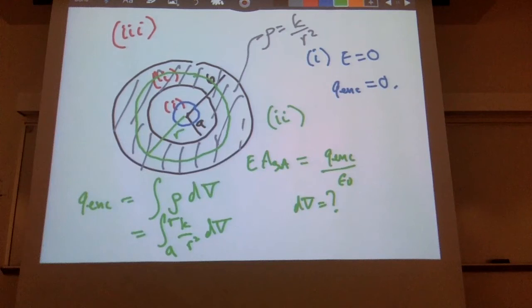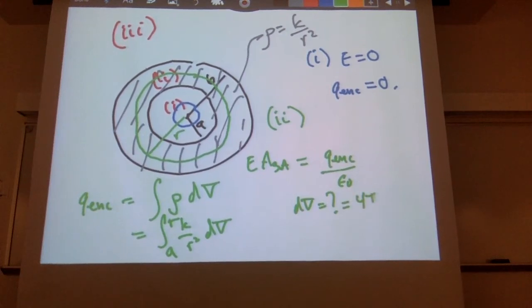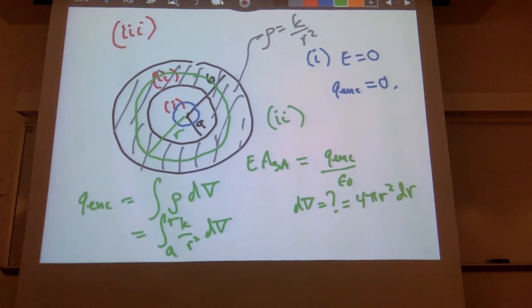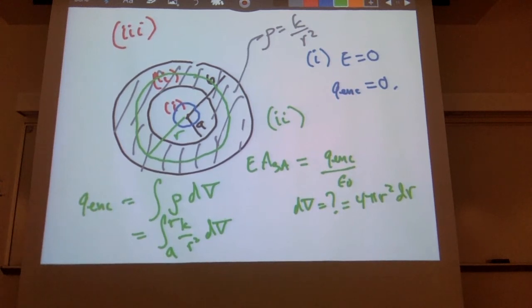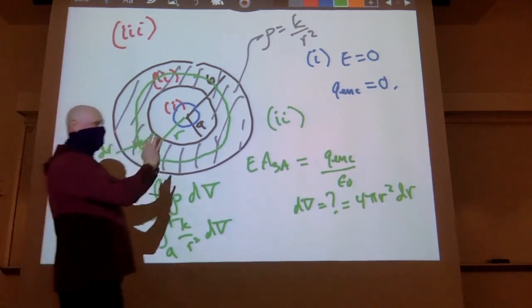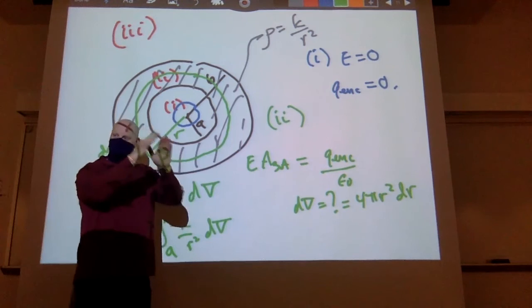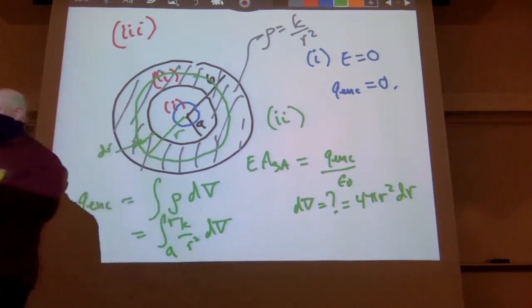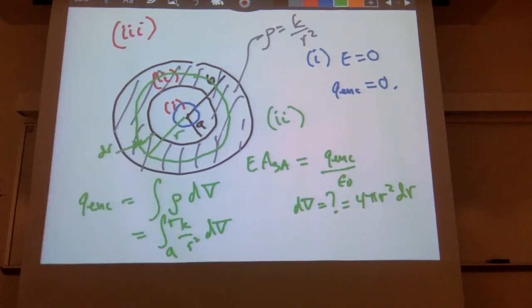So dV in this case is equal to 4 pi r squared dr. This is my dV, where dr is the thickness of this guy. This is dr. So effectively what I'm doing is I'm cutting this up into a whole bunch of spherical shells. I'm putting all these spherical shells on top of each other, and I'm integrating over it this way.